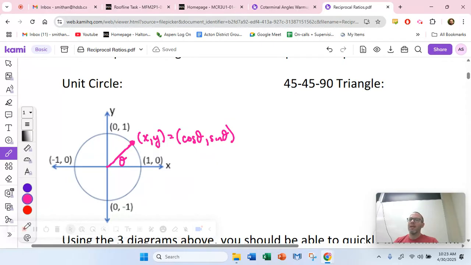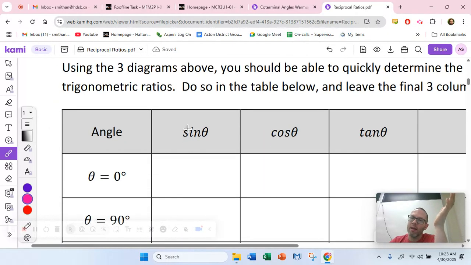If you look at the table I have there for you guys, I have sine first and cosine second, which isn't a bad thing, but to make it line up with points on the unit circle, are you guys okay if we just flip-flop these columns? Let's make this one the cosine theta, and let's make this one the sine theta. I think that'll just make it easier to connect to the unit circle.